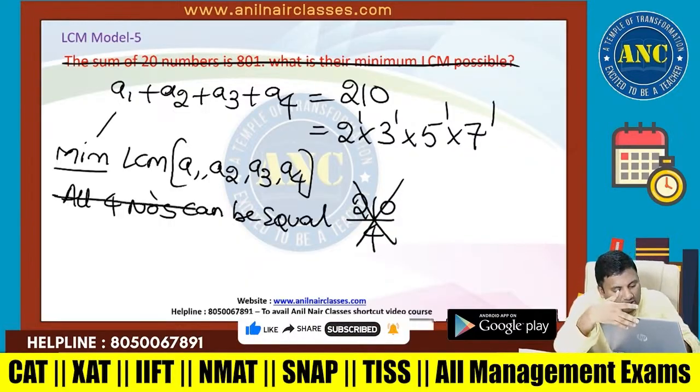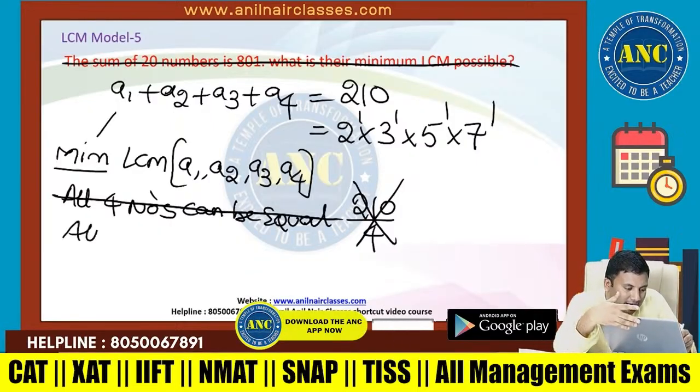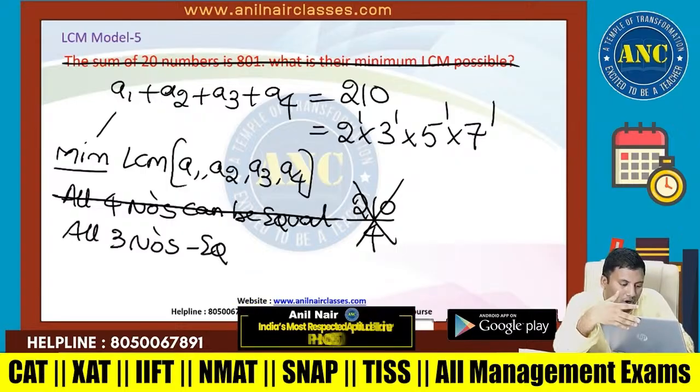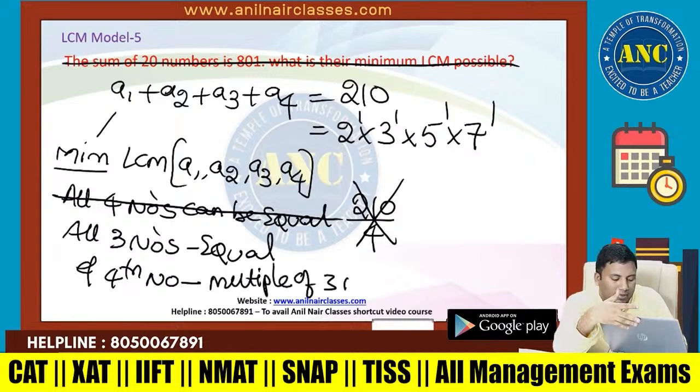So the first case, all four numbers equal, is not possible. Second case, three numbers are equal, and the fourth number should be a multiple of the other number.